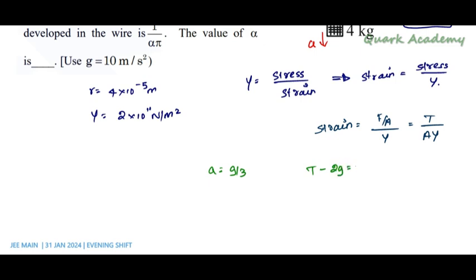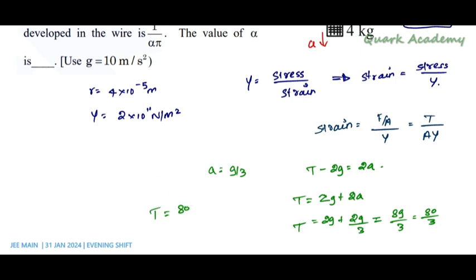So T is going to be 2g plus 2a, which is 2g plus 2g by 3, which is 8g by 3, which is equal to 80 by 3. So we got our tension. Tension is 80 by 3 Newton.